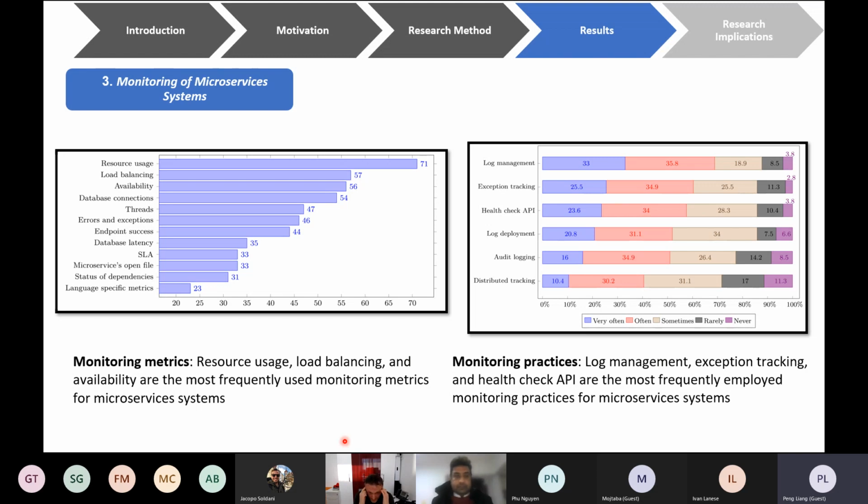As already said by Waseem, in our survey concerning the monitoring aspects related to microservices systems, we defined 6 questions about monitoring metrics, practices, tools, monitoring challenges, and their solutions. So first of all, concerning monitoring metrics, we specified what a metric is. They are values measured over intervals of time.